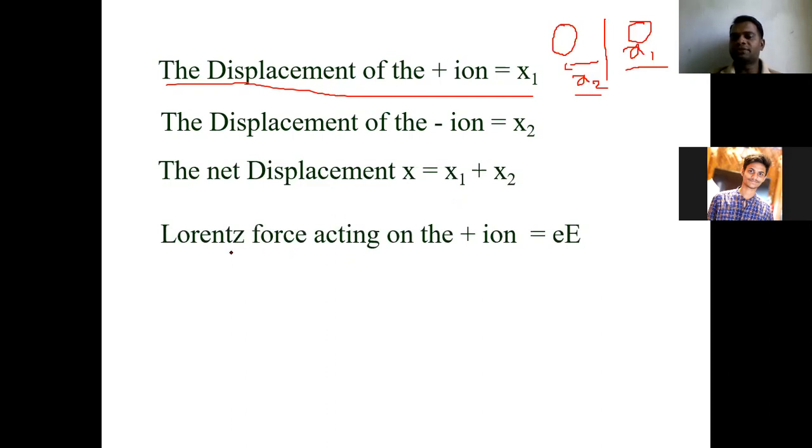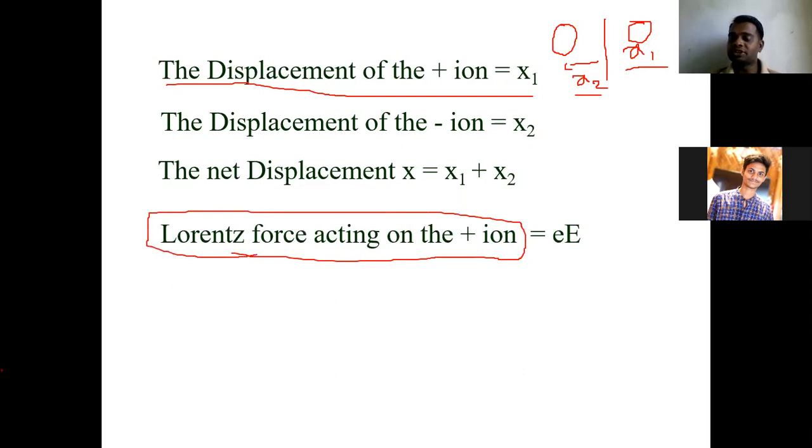Now, the Lorentz force acting on the positive ion. What is meant by Lorentz force? Lorentz force is the summation of electric force and magnetic force if both fields exist. If only one field is there, you assume only that field. Is there a magnetic field?